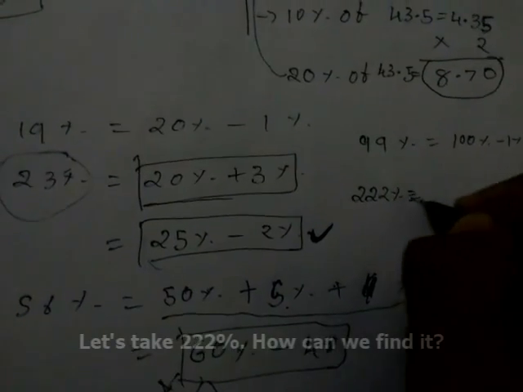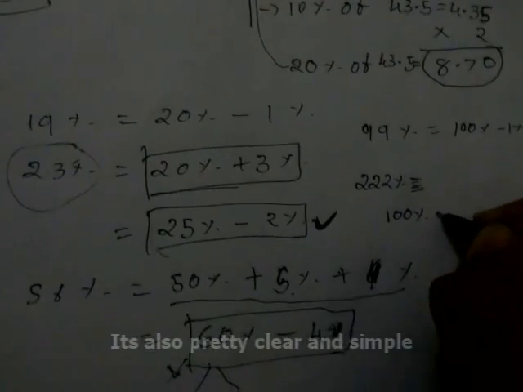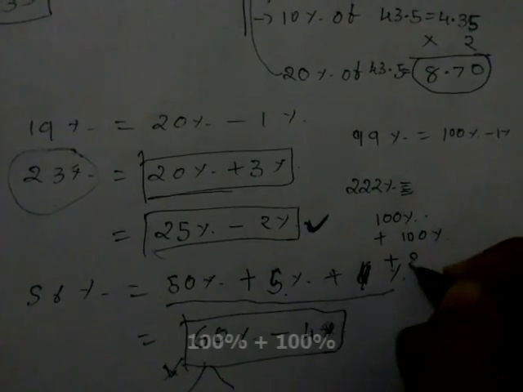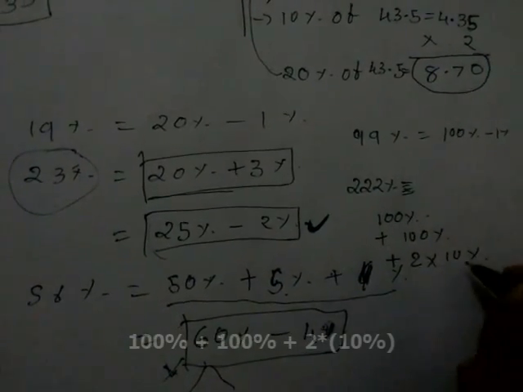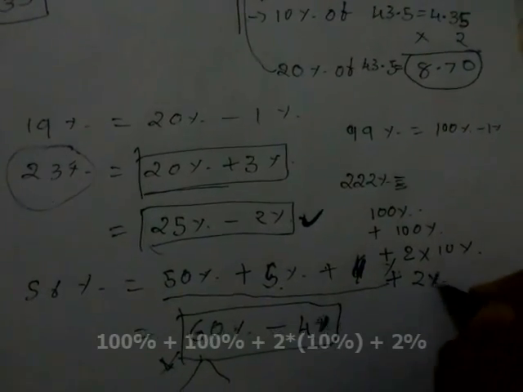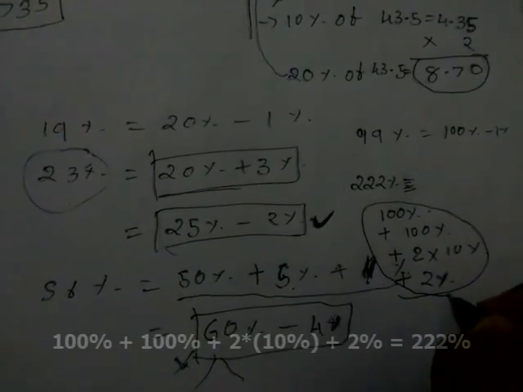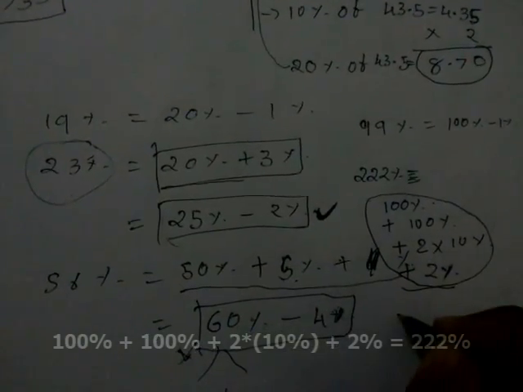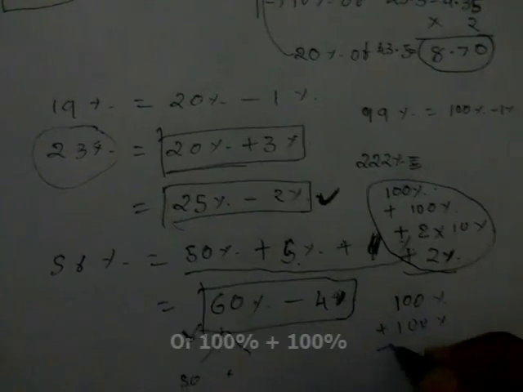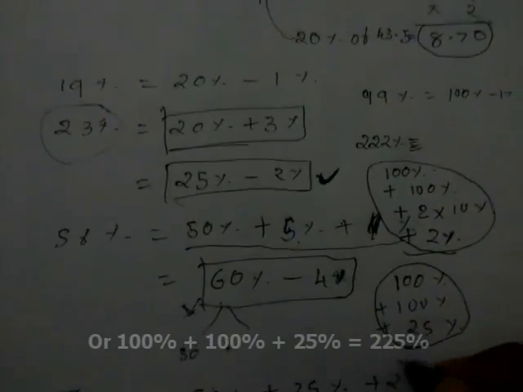Let's say 222%. How can you find it? It's also pretty clear and pretty simple. 100% plus 100% plus 2 times 10%, that is 20%, plus 2%, that is 2 times 1%. Add them together and you can find the 222%, or 100% plus 100% plus 25%, will become the 225%.